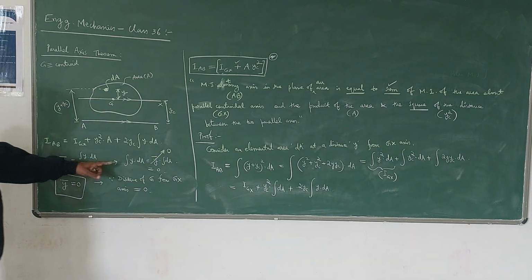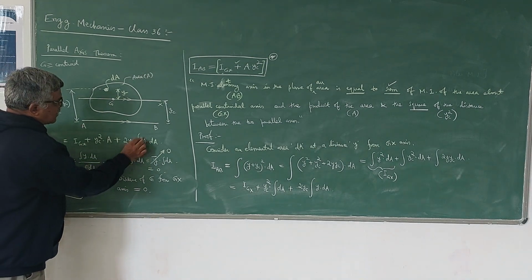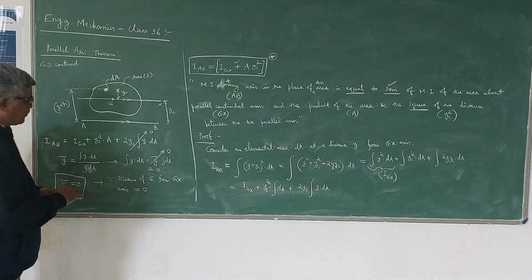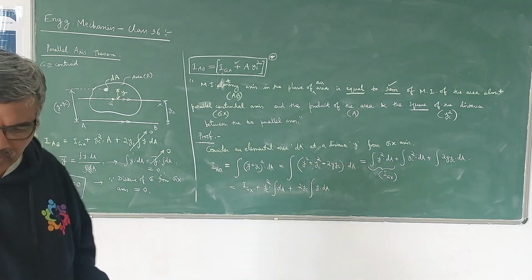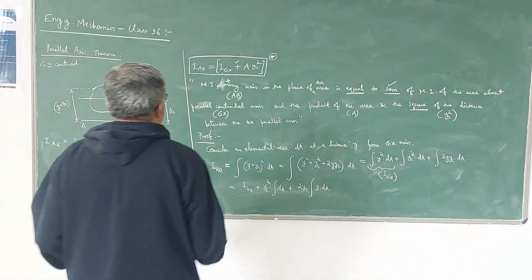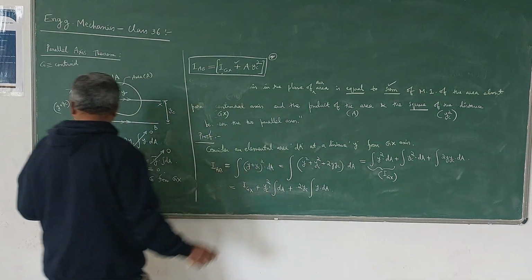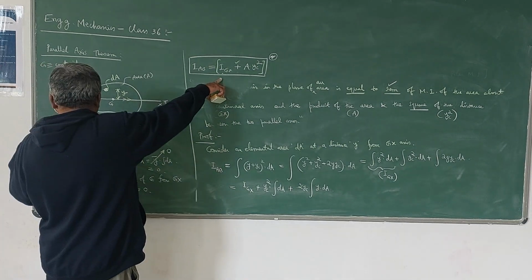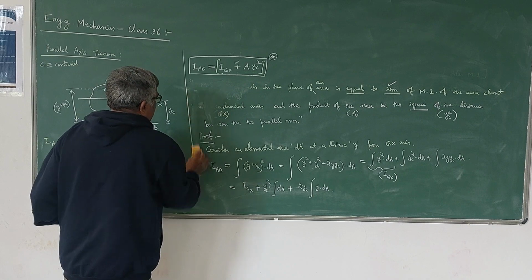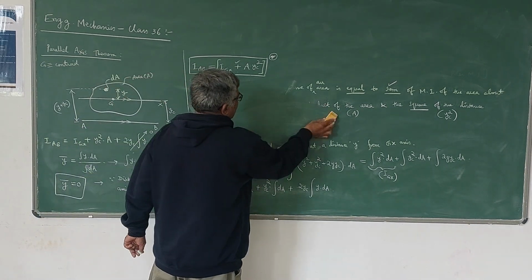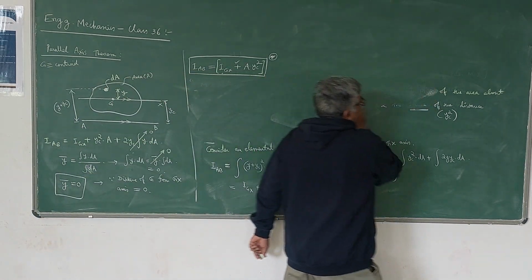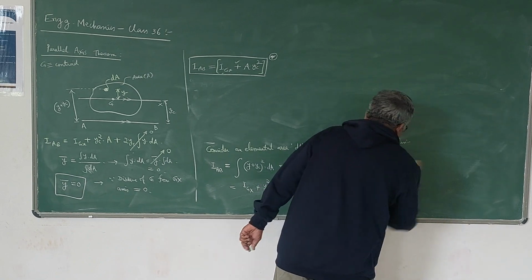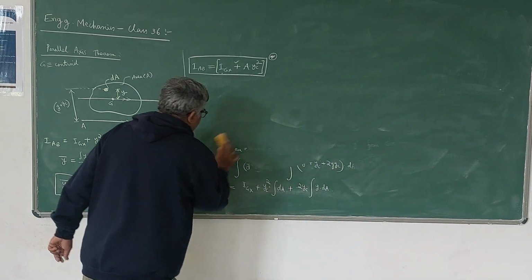When integral y dA becomes 0, this term becomes 0. So we are left with only two terms. I_AB is equal to IGX plus A into yc squared. So this is the parallel axis theorem. This statement proves the parallel axis theorem.